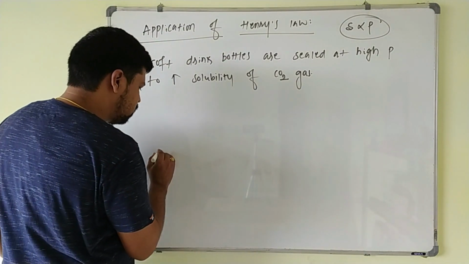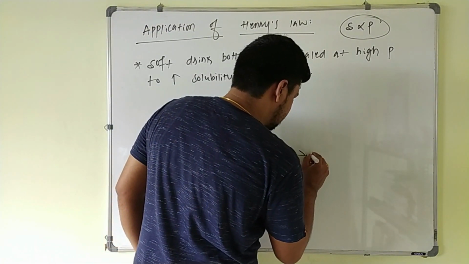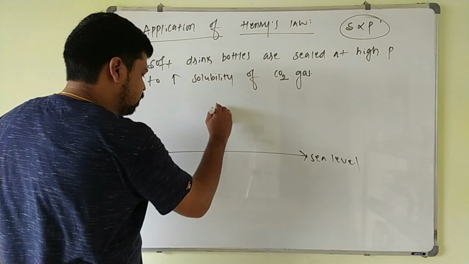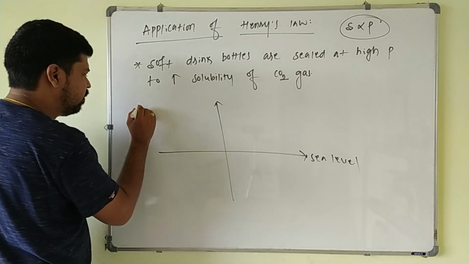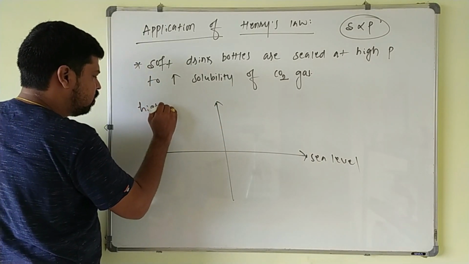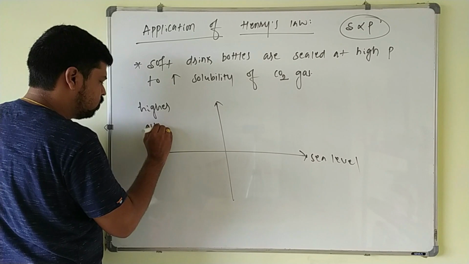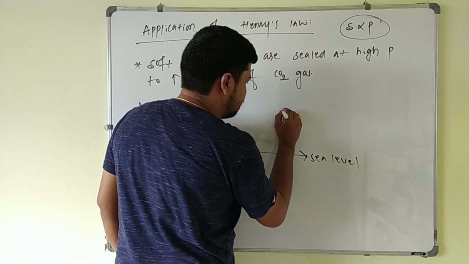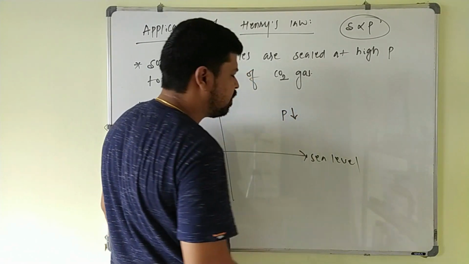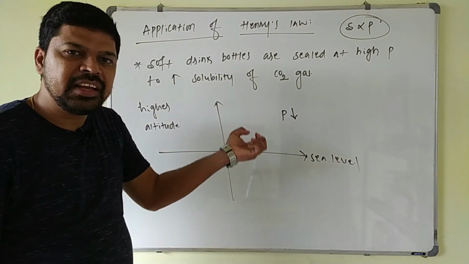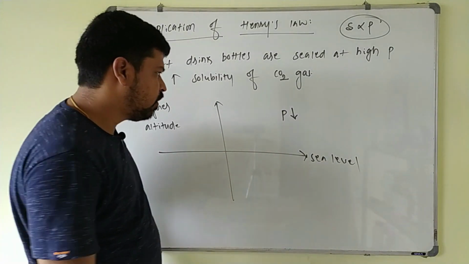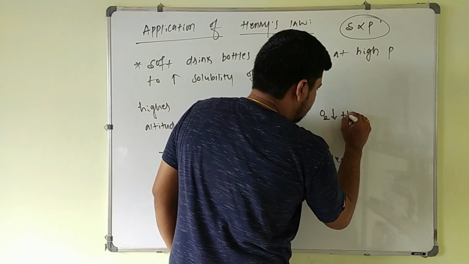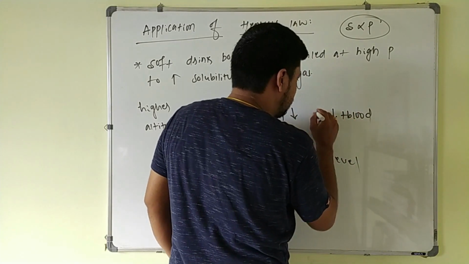Next one, if I consider this as sea level, then if you go to a higher altitude, the partial pressure of the atmospheric gases decreases. If their pressure decreases, their solubility also decreases, which causes a low concentration of oxygen in the blood, so less oxygen is dissolved in the blood.